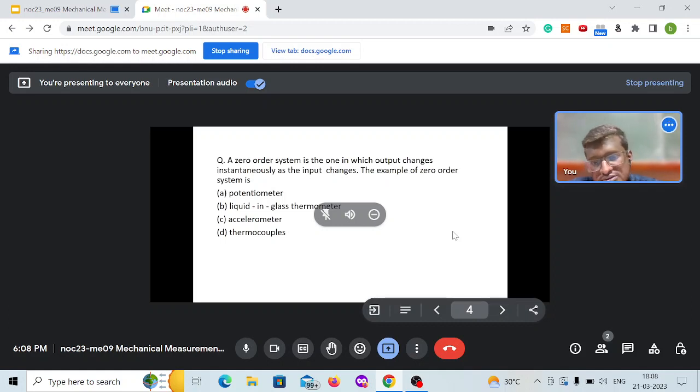So with respect to input, your output also varies instantaneously. It doesn't take time to respond to the input.